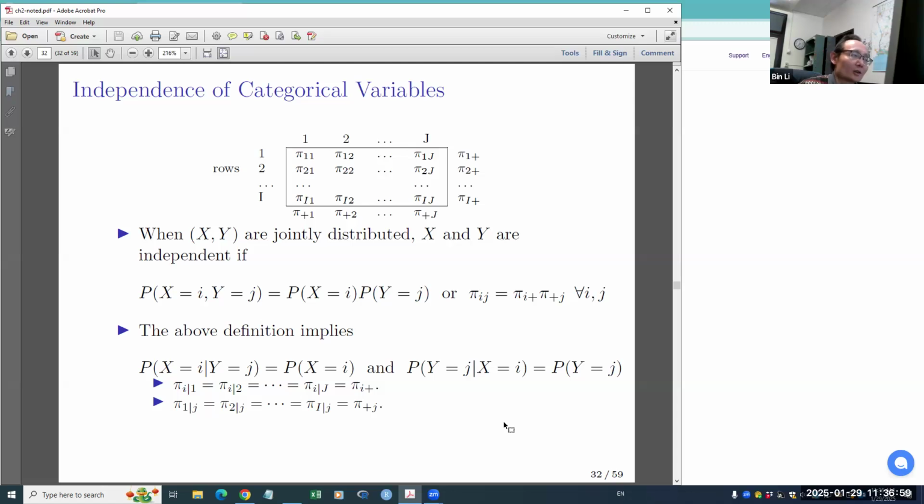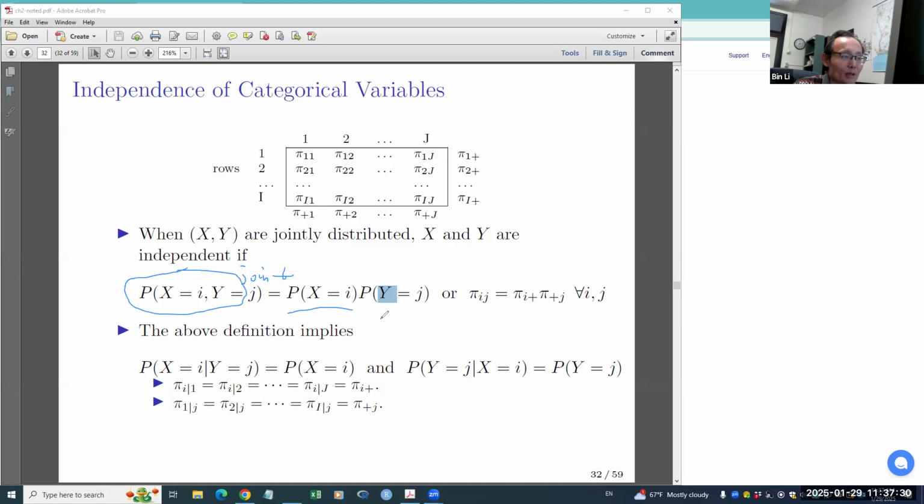If x and y are independent, what does that mean? That means the probability of x equals i and y equals j is the same as the probability of x equals i times the probability of y equals j. You may ask, what's the difference between these two? This is a joint probability, right?